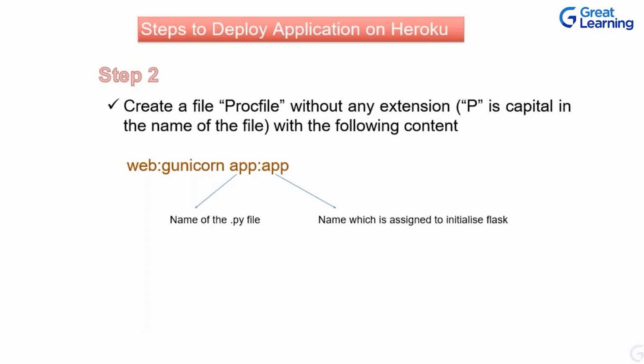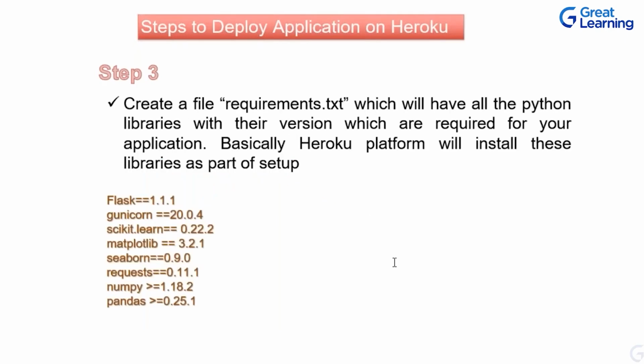The third step is to create a configuration file known as requirements.txt. This file necessarily should have the .txt extension, and R is in small case. What this file contains is the exact versions of the libraries through which you created the model.